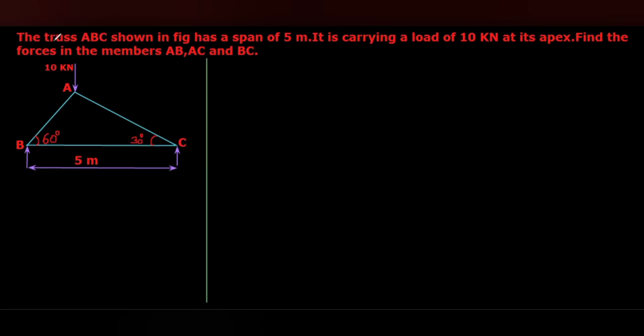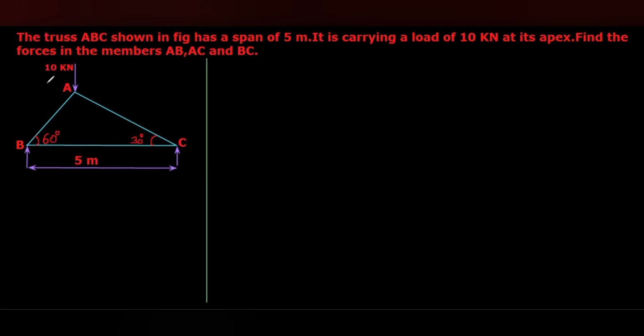The truss ABC shown in figure has a span of 5 meter. It is carrying a load of 10 kilonewton at its apex. Find the forces in the members AB, AC and BC. Okay.